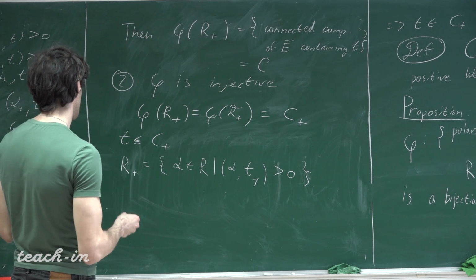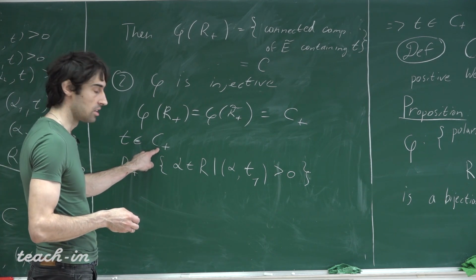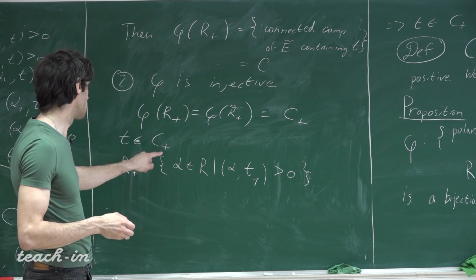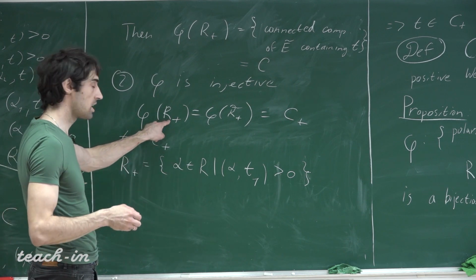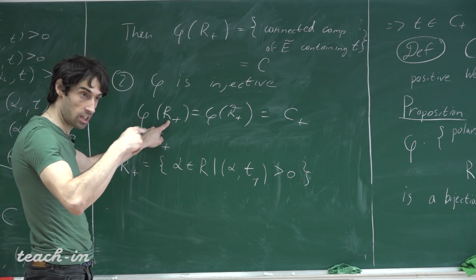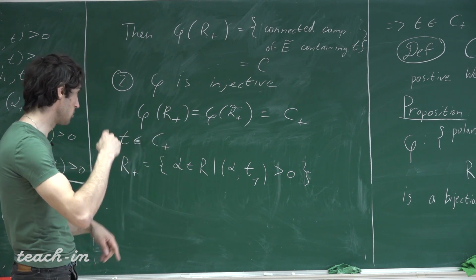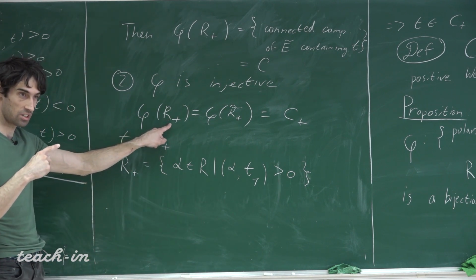On the other hand, if I take t from C plus, then C plus is defined by R plus as follows: these are all elements such that t with alpha from R plus is greater than 0.